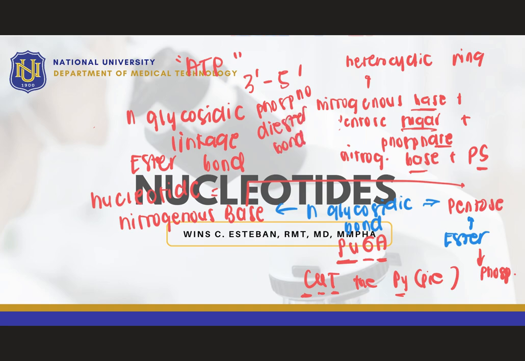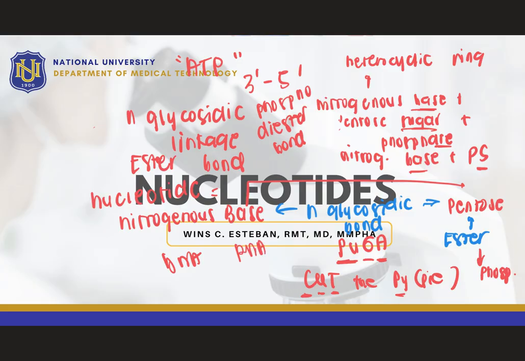Again, your nucleic acids are polymers of your nucleotides joined by a 3' to 5' phosphodiester bond. And we have two types of your nucleic acids. We have your deoxyribonucleic acid or your DNA. And also we have your ribonucleic acid or your RNA.